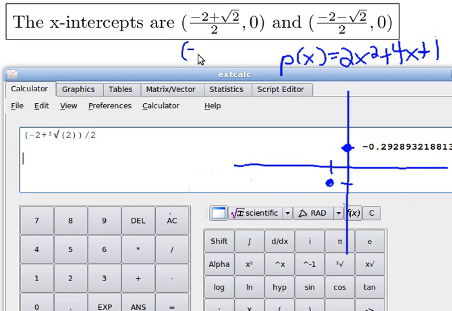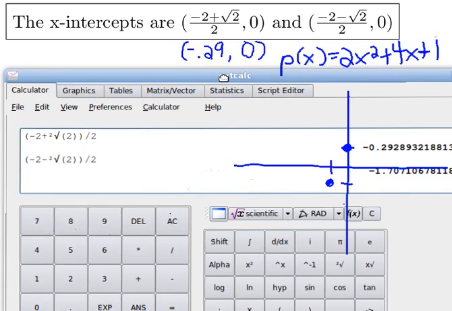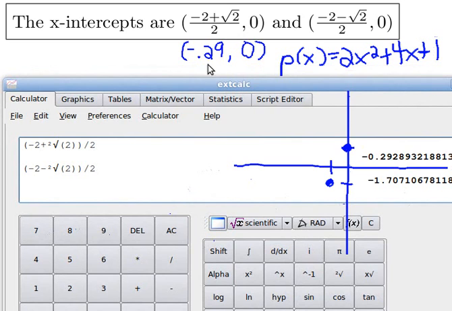So negative 0.29, 0. And the other one is negative 1.71. I'm rounding.